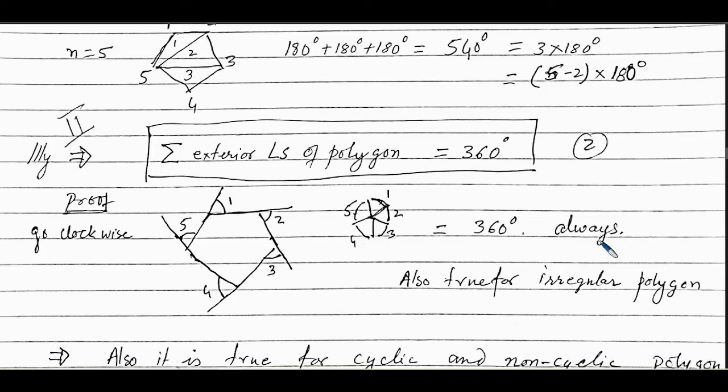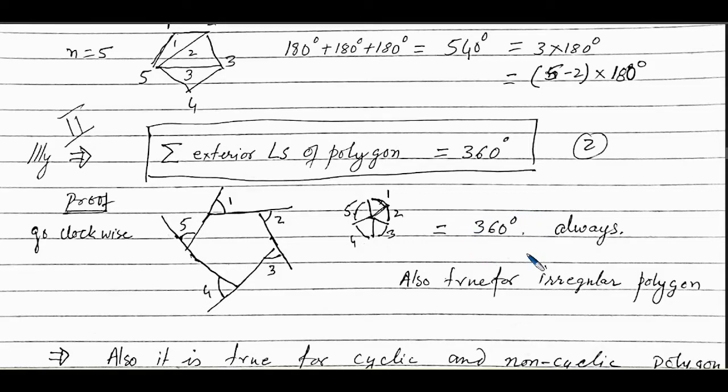Always. This is also true for an irregular polygon. Even if all the sides are not equal, but it's a pentagon or even a square, any polygon, the sum of the exterior angles is always 360 degrees.